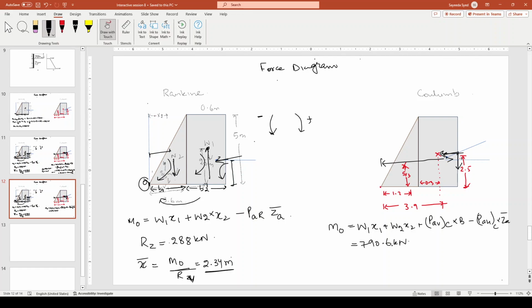This will come out to be 128.2 kilonewton. This will come out to be 138.5 kilonewton. So this is the base resistance against translation.